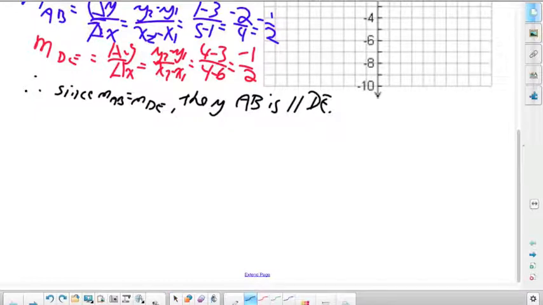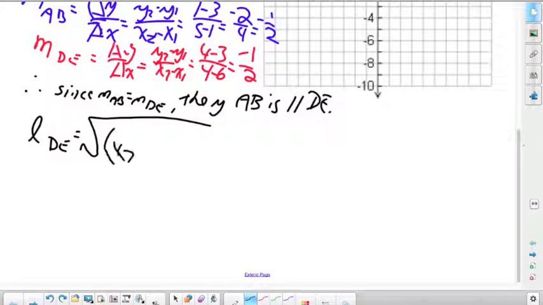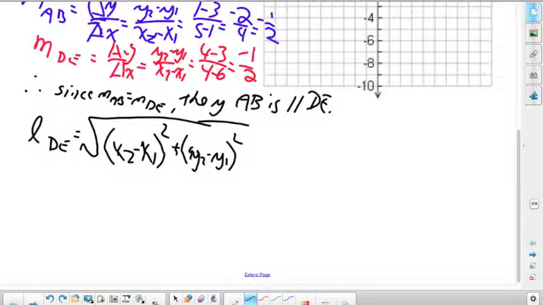So the length formula, length of DE, let's do DE first, square root of x2 minus x1 squared plus y2 minus y1 squared. Okay, so in this formula, we're subtracting the x coordinates and subtracting the y coordinates.